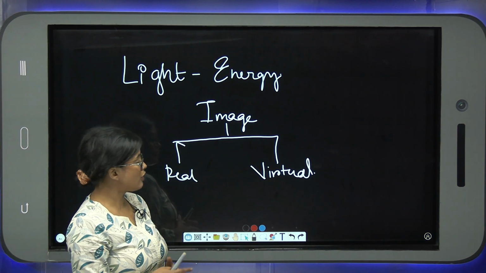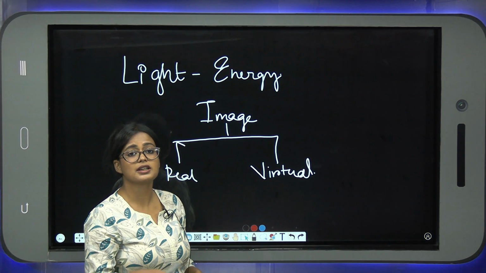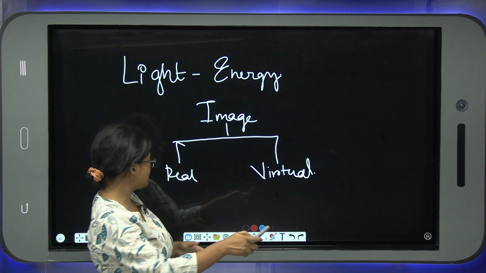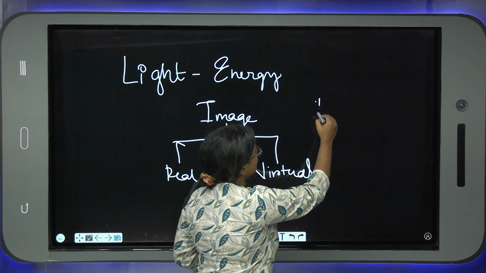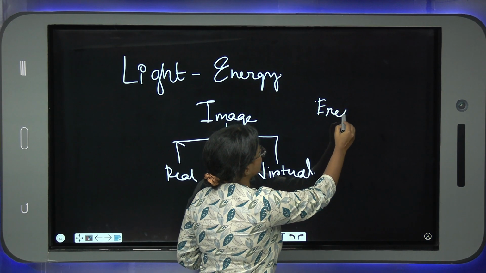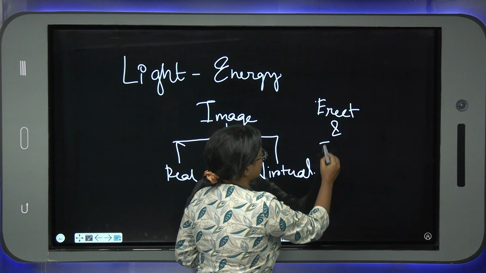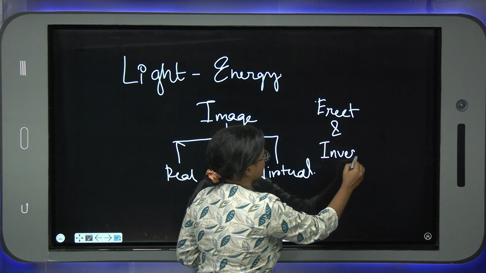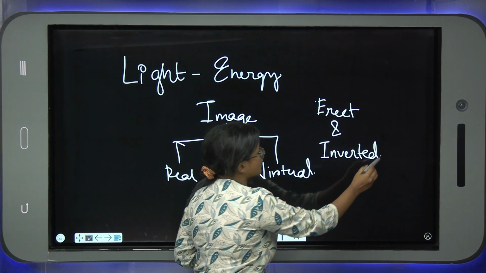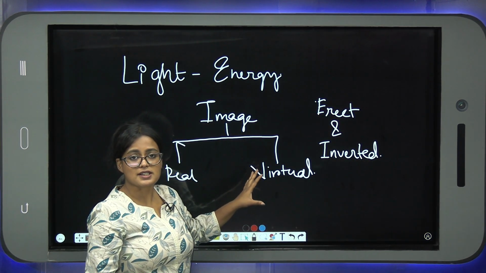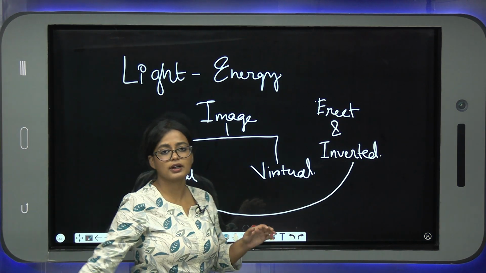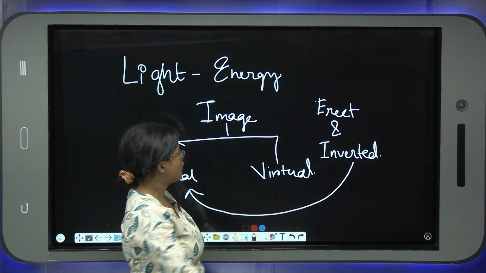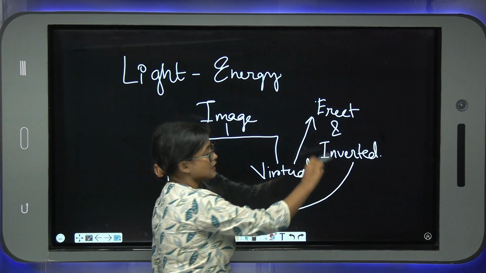Now, in the context of real and virtual images, there are further two categories that need to be discussed, like erect and inverted. The word inverted is always associated with real images, whereas virtual images are always erect.